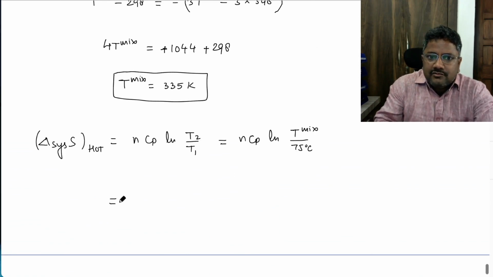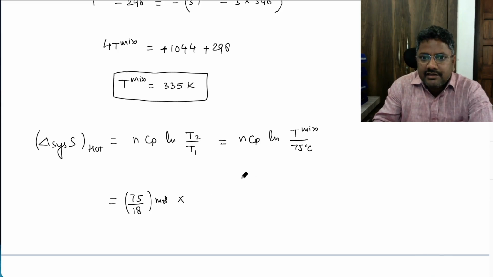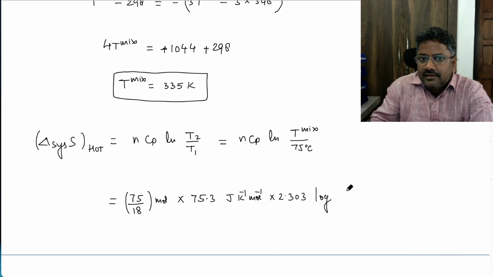So this is equal to 75 divided by 18 moles, into Cp, which is given here as 75.3 joules per Kelvin per mole, into 2.303 log T mixture, we have calculated 335, divided by 348.